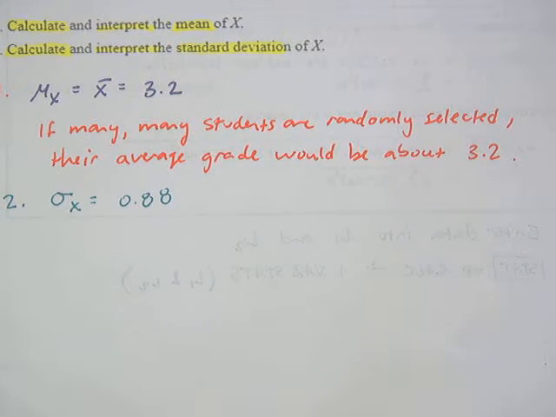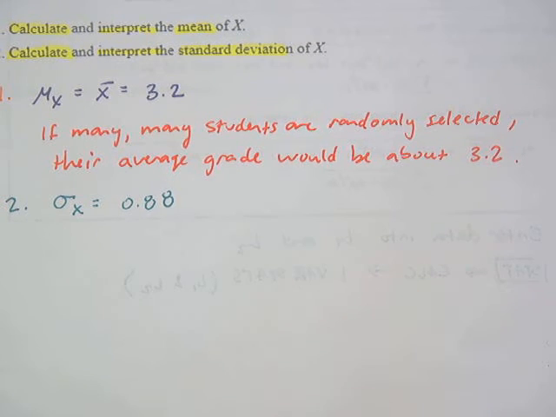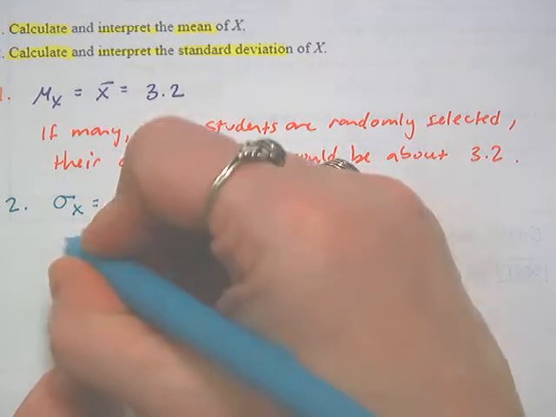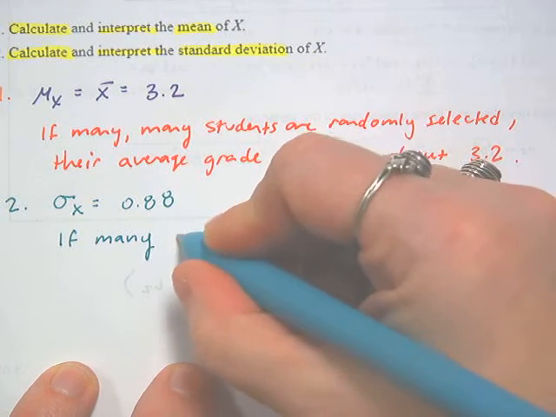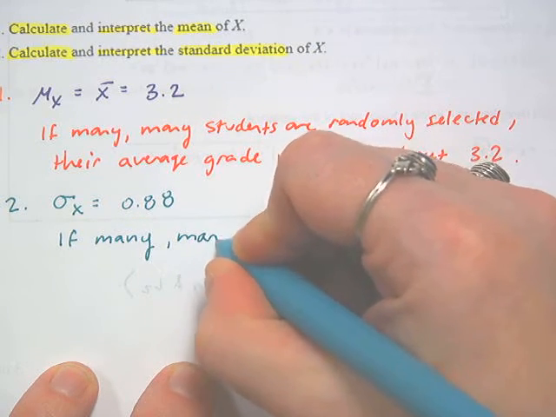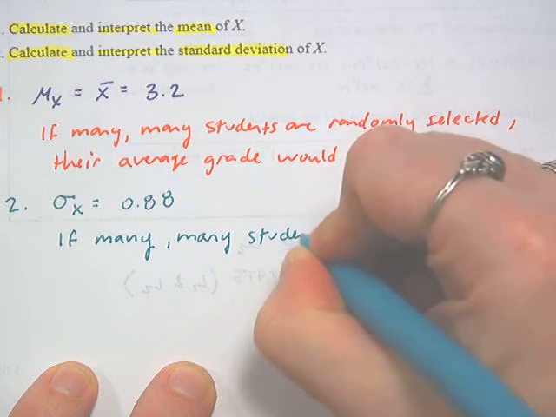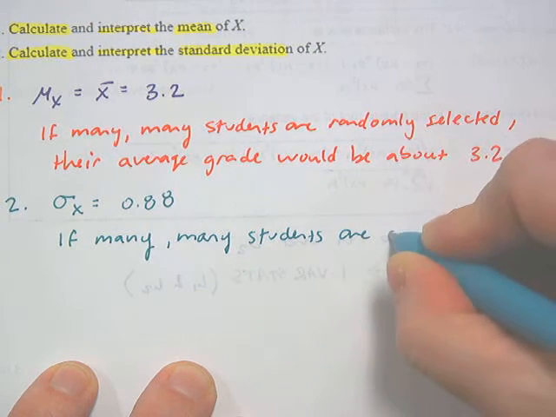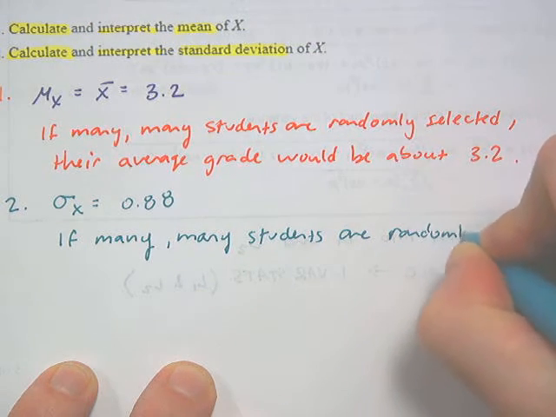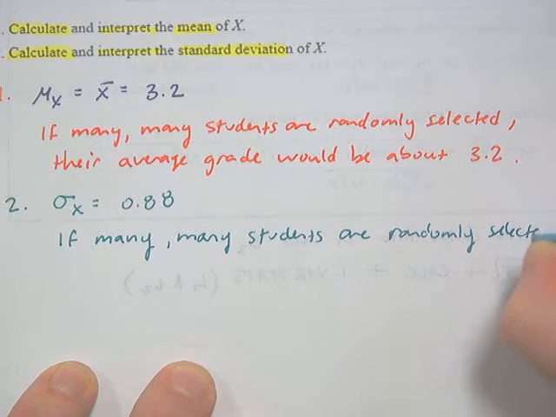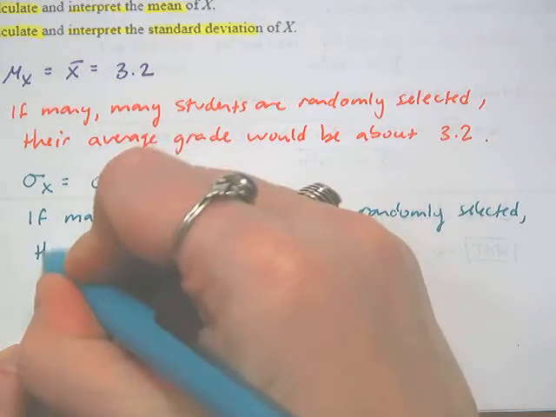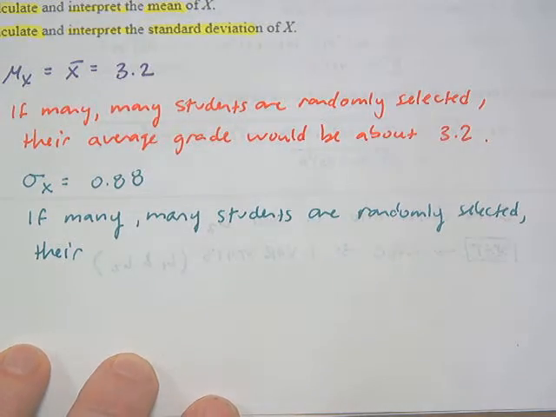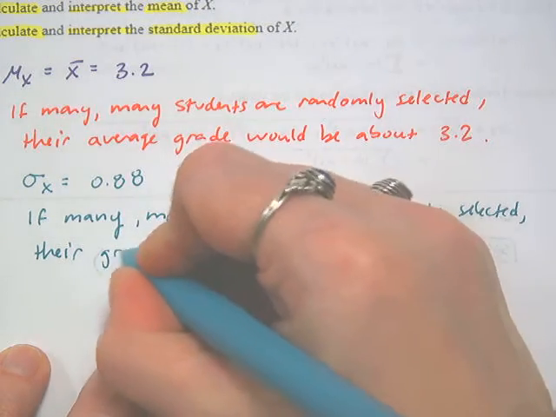If you're still kind of fuzzy on standard deviation, copy and paste that newborn thing that you've got right above there, but swap out the words for the words that make sense in this problem. If many students are randomly selected, their, well, we're not talking about APGAR scores, we're talking about their grades.